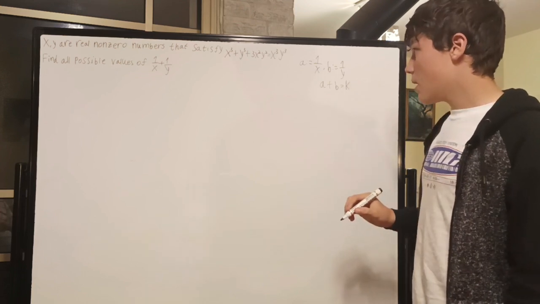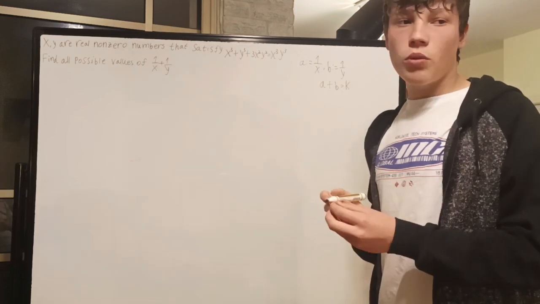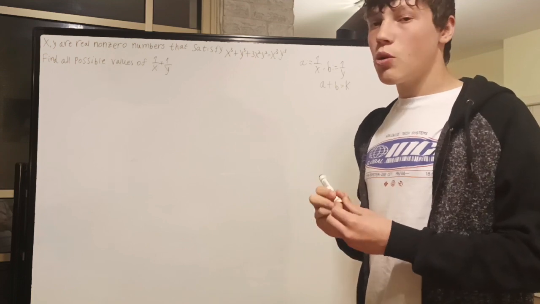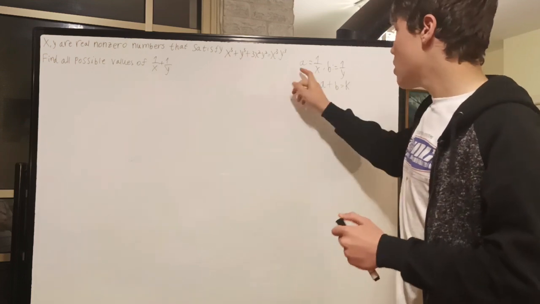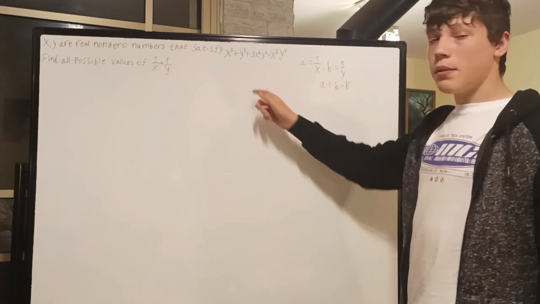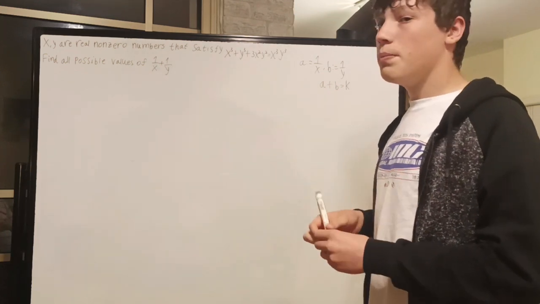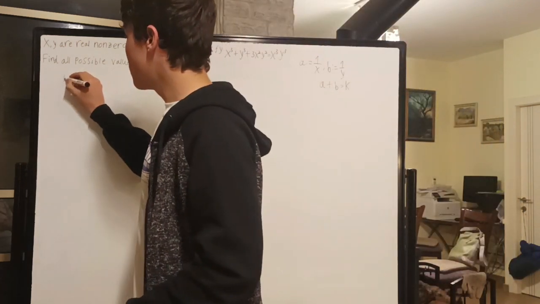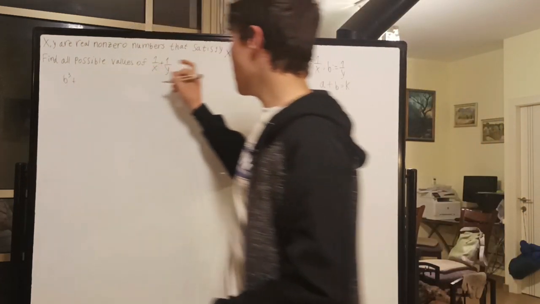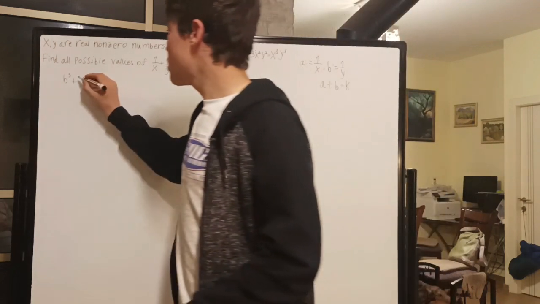Okay, and just so that we have the equation in terms of a and b, I'll divide by x cubed and y cubed, and this turns to b cubed. This turns to a cubed.